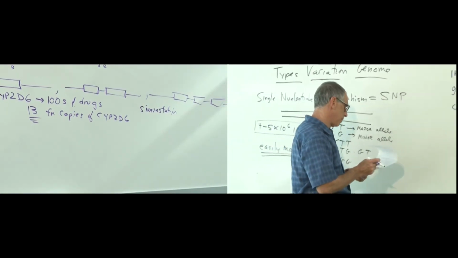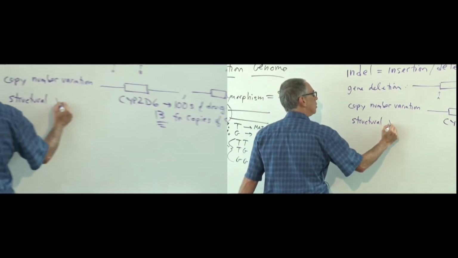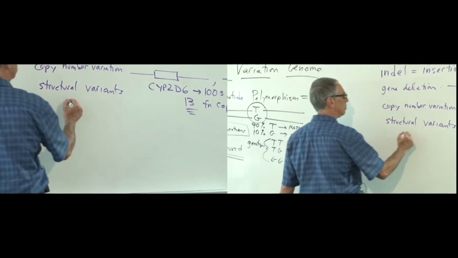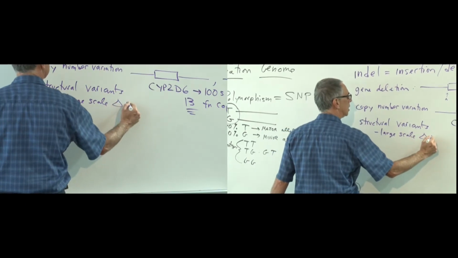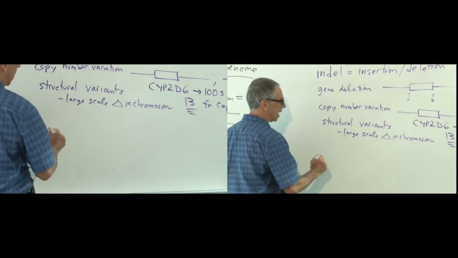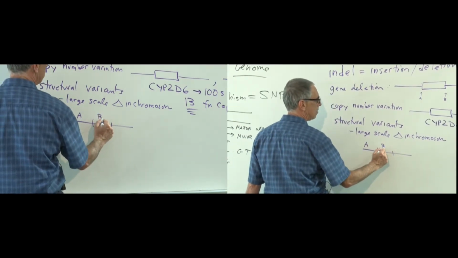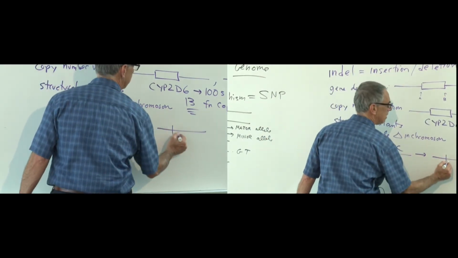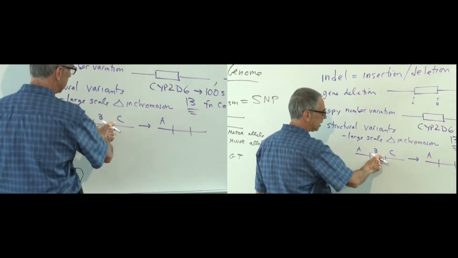The other thing I'd like to tell you about are structural variants. Structural variants are large-scale changes in the chromosome. So, for example, I might have a chromosome that I'm dividing into section A, B, and C. And in some people, that same chromosome might have A, but then the B segment is in reverse order.